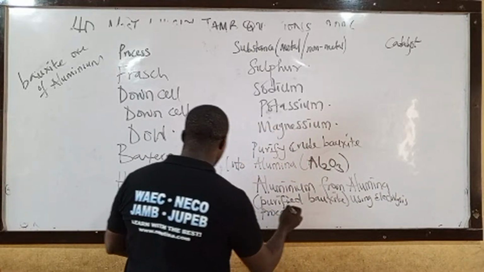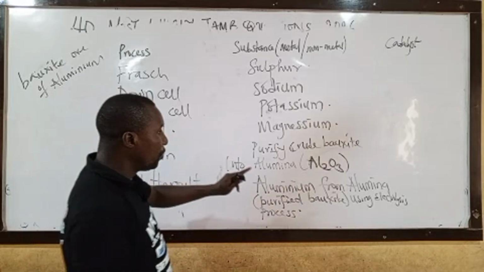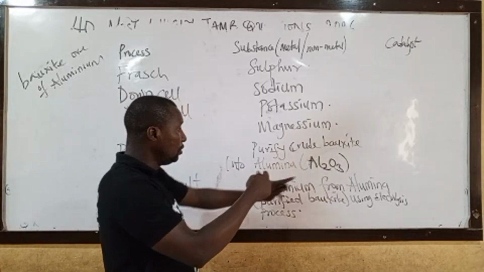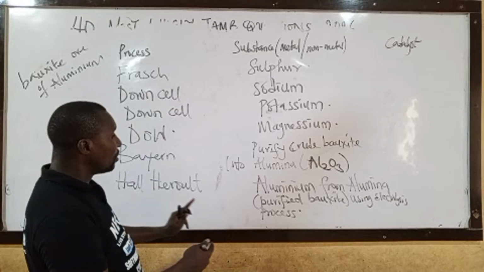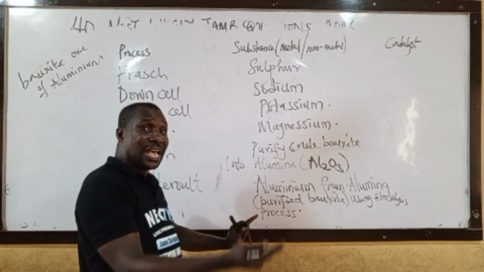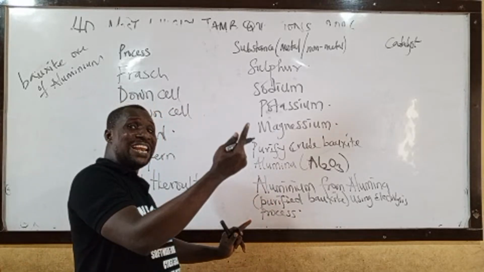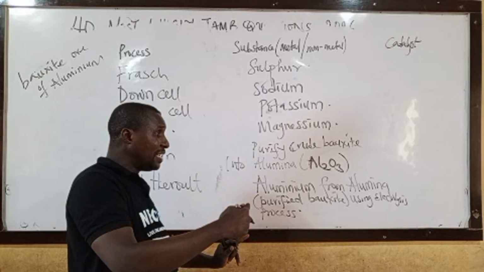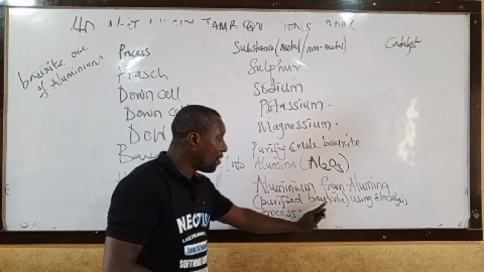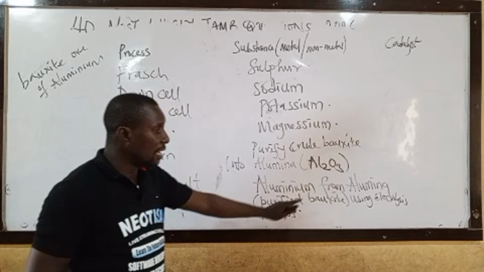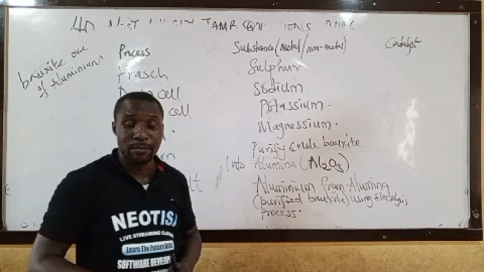Take note. The Bayer process is to purify the crude bauxite into alumina. Then Hall-Héroult is now to extract the aluminium by the electrolysis process from the purified bauxite. That means from the alumina, which is purified bauxite.